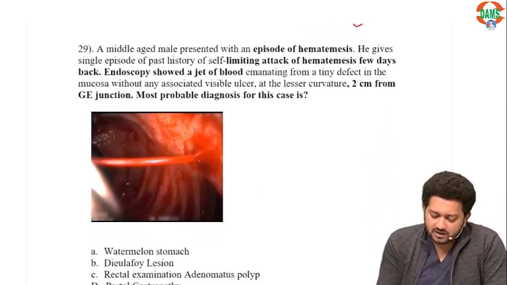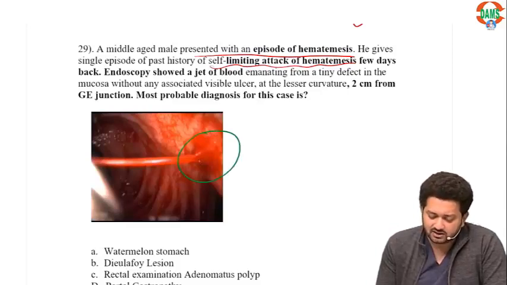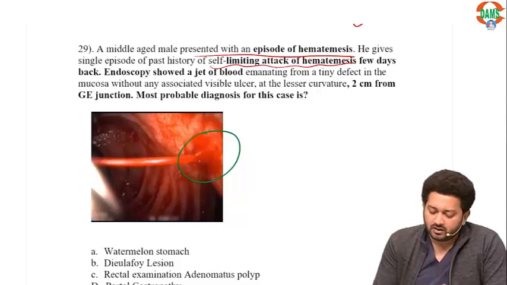Next question, a middle-aged male presents with episodes of hematemesis, and there was a history of hematemesis a few days back. Endoscopy shows that a jet of blood is coming from a tiny defect in the mucosa, a very small defect, and this is 2 cm from the GE junction.